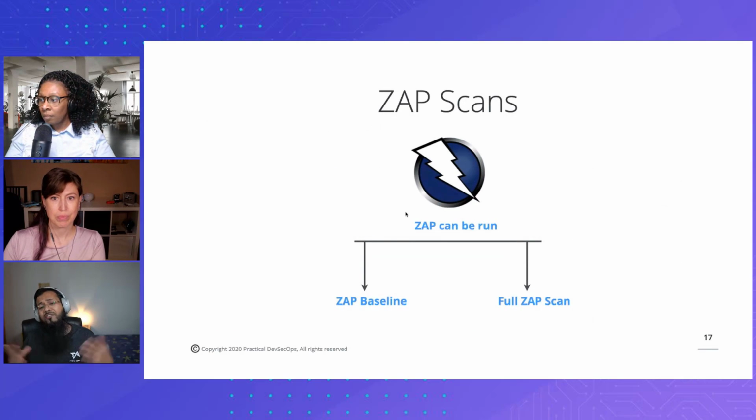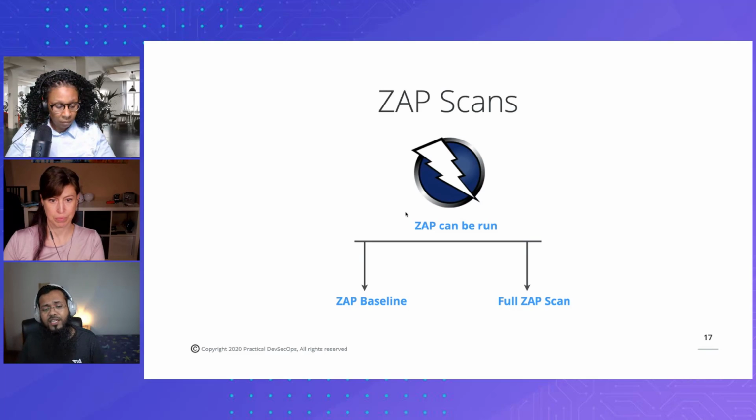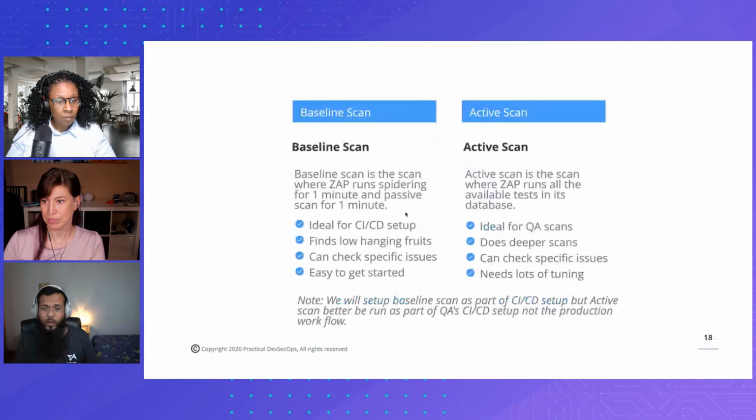Now, there are a lot of other scans, but for our discussion's sake, we'll keep it pretty simple. We'll say there are two types of scans: the baseline scan and the ZAP full scan. And I'll tell you why we are segregating it this way. Now the baseline scan is an ideal scan for the CI/CD pipeline because it finishes within 2 to 3 minutes.